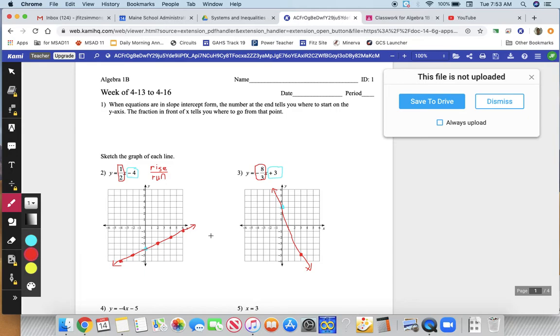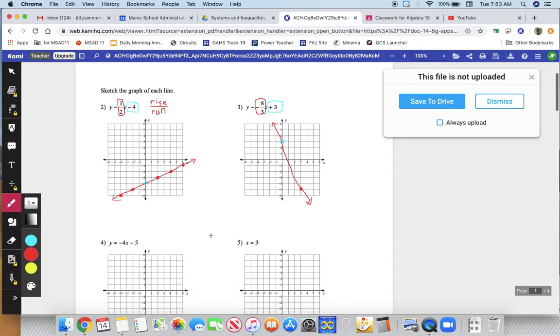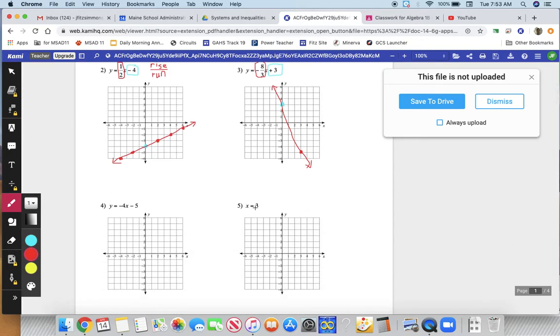Now we know how to graph if I give you the equation. What if the equation only had one variable in it, like this, x equals 3? That was one of those weird exception ones. So if I look at x equals 3, well, here's the x-axis, and here's 3. What I'm telling you is that no matter what the y value is, x is always 3.